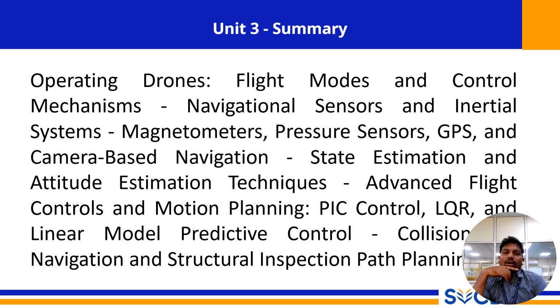The workhorse algorithm for this task is the extended Kalman filter, or the EKF. The physics of drone flight are non-linear, and the EKF is a powerful tool that can handle this by using linearization around its current best guess to apply the principles of the optimal Kalman filter.